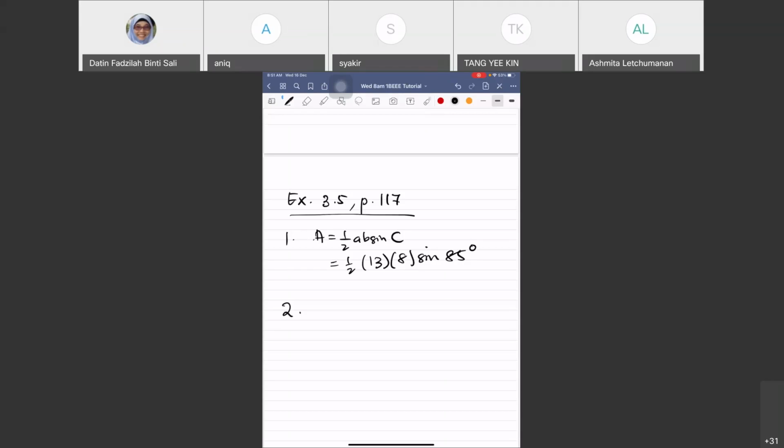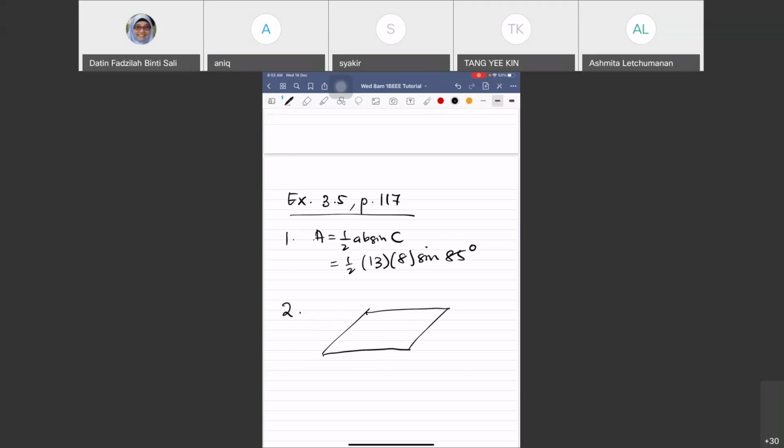What does it mean? It means if you have, for example, a parallelogram, this is a parallelogram, and it is made up of congruent triangles.